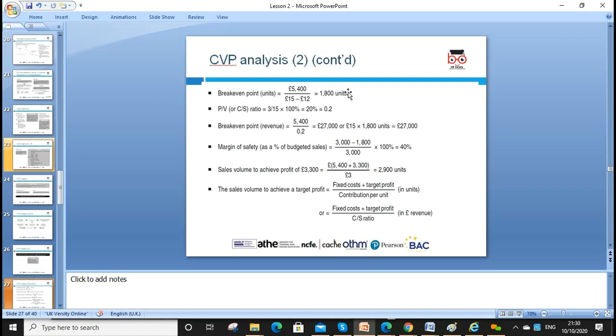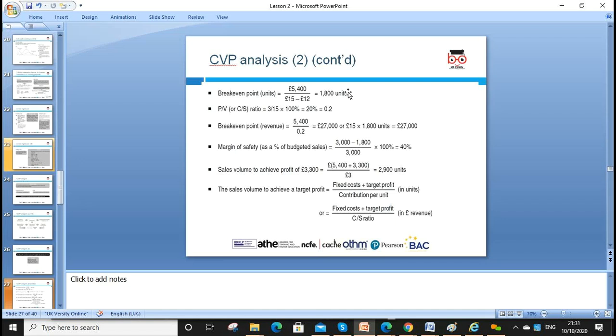Margin of safety: your budgeted sale is 3000, we estimate. Budgeted sale minus break even sale of 1800, divided by the budgeted sale. So we can find the margin of safety, because you're selling 1200 units more than the break even. So 40% is our margin of safety.